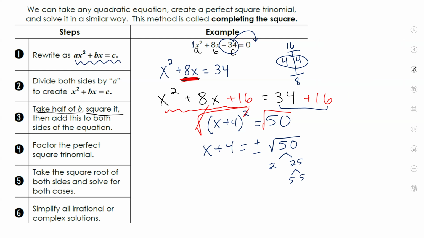That's my pair. So if I write this all out, we have 2 times 5 times 5. Here's a pair, cross it out, goes outside. So we have x plus 4 equals plus or minus 5 square root of 2.